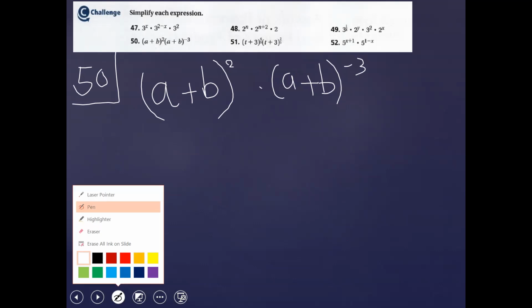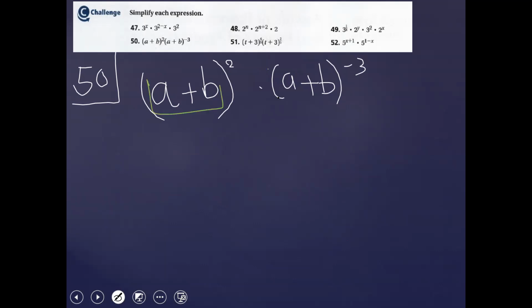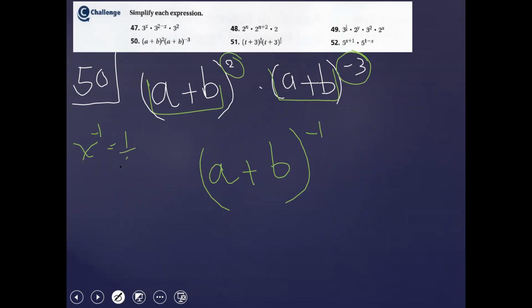Yes, it's a plus b. Then I will add 2 plus negative 3, and the answer is negative 1. So now a plus b raised to the power negative 1. If you remember the first lesson, x to the power negative 1 is equal to 1 over x. So a plus b raised to the power negative 1 will be 1 over a plus b.